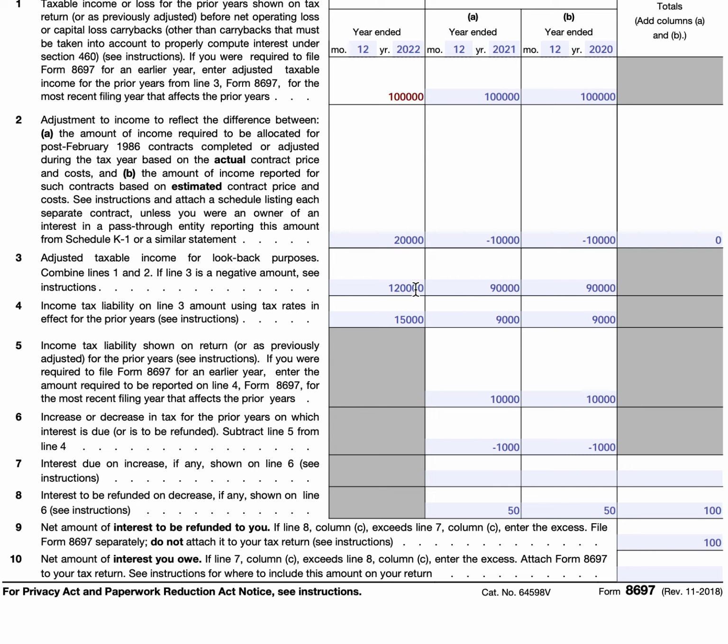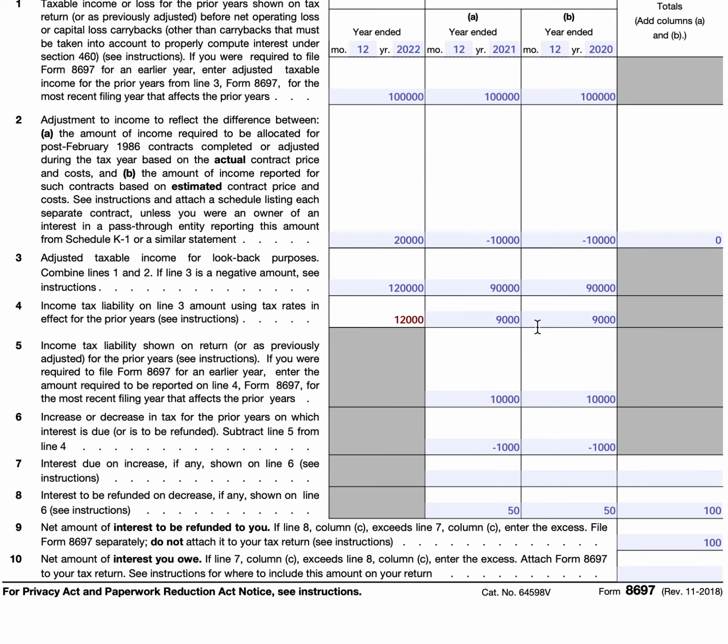So in this case, this should actually be $12,000 in 2022, but instead of $10,000 in 2021 or 2020, it's actually $9,000.